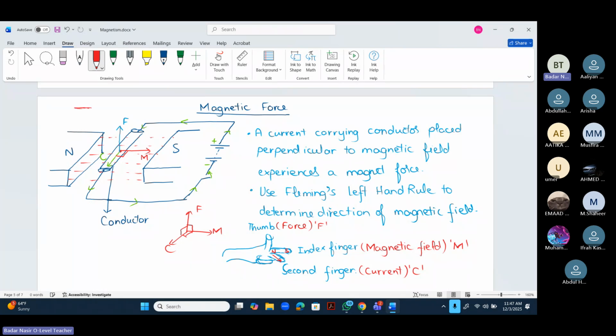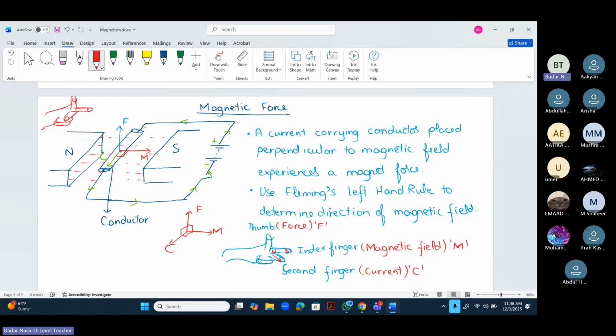so we can clearly see that the index finger travels from north towards the south, और जो आपके पास current है, current is sort of coming out of the page, ठीक है? So this is the direction of the current, और बाकी की ये दो fingers आपकी वो curled है नीचे से, and this is your thumb. So ये आपके पास thumb है, ठीक है?